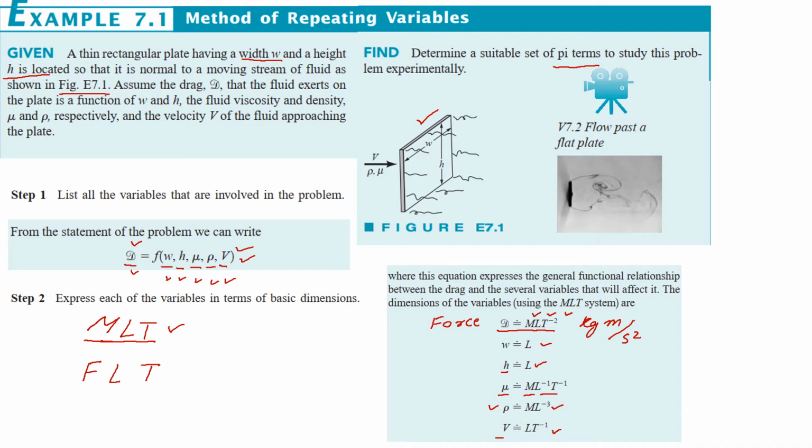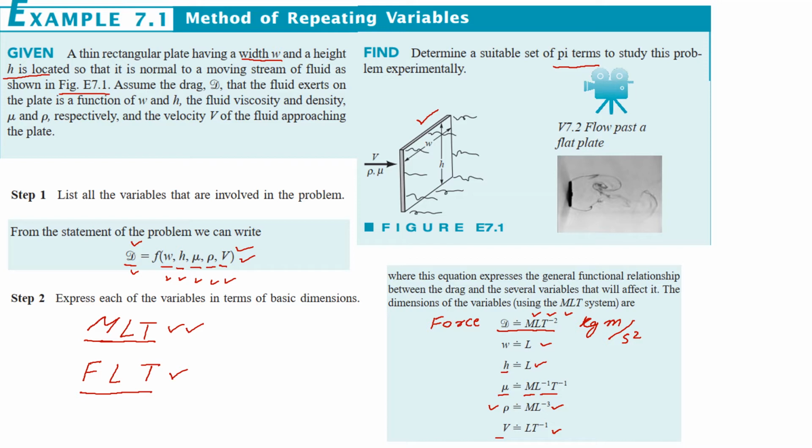So in the previous slides, when we were studying dimensional analysis and the pressure drop per unit length, we were following the FLT system. But as you remember, in the end, the pi terms that we derived in the previous slide, we also wrote them in terms of the MLT system to see that they are dimensionless.